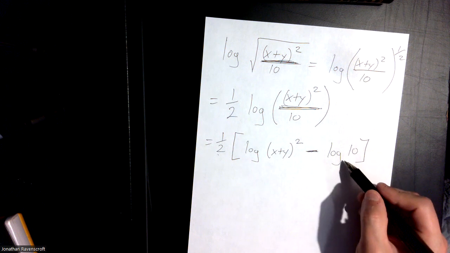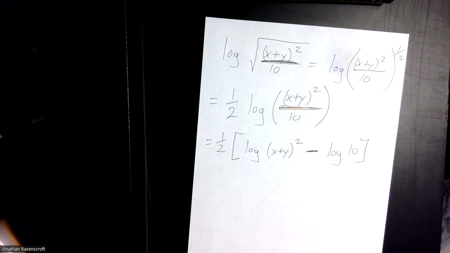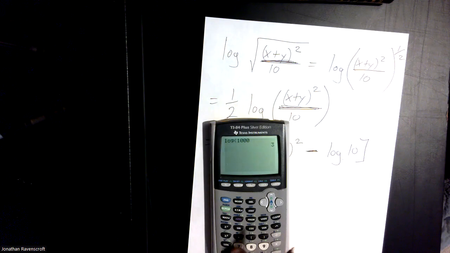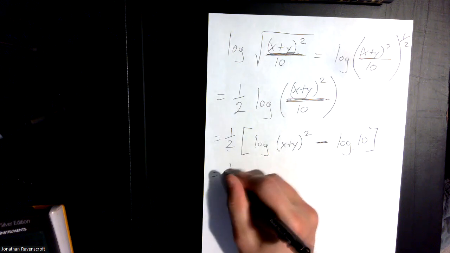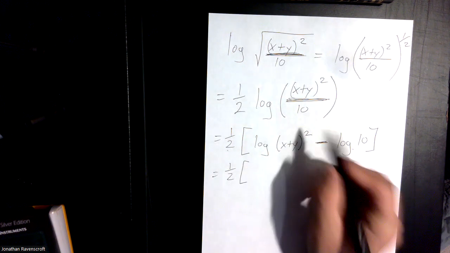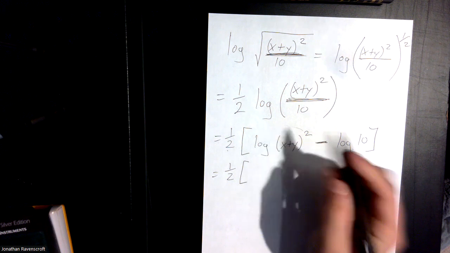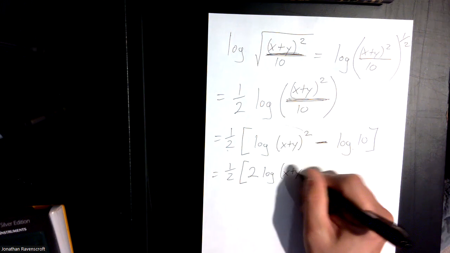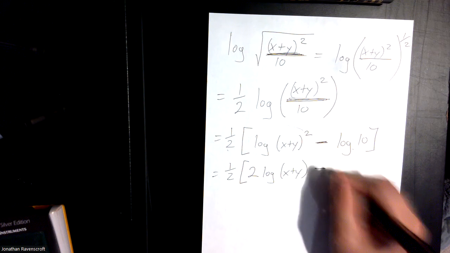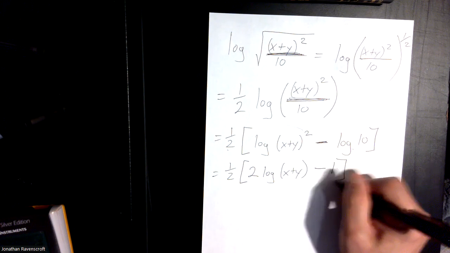Here, well, this is common log, right? Base 10. Calculator, what is the log of 10? 1. So what I'm going to do is I'll say 1/2. Move this 2 to the front. 2 log of x plus y minus log of 10 is 1.